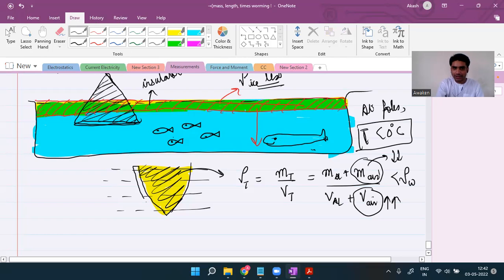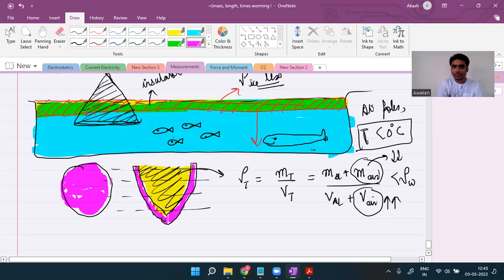So if you take only the aluminium portion of the ship, say the aluminium portion I'm drawing in pink, melt it and make it into a big sphere, and now you put it in the ocean, it will certainly sink.